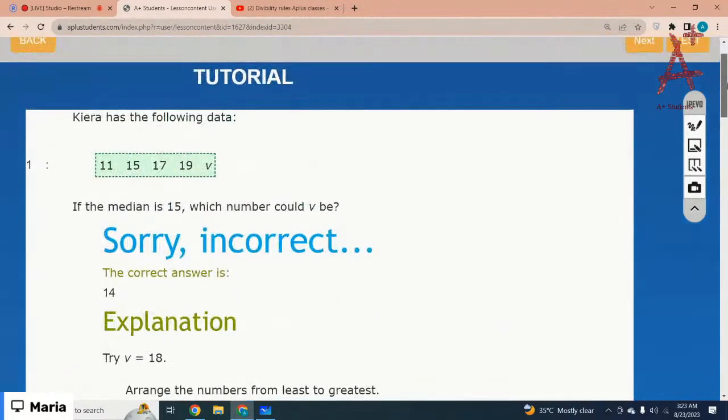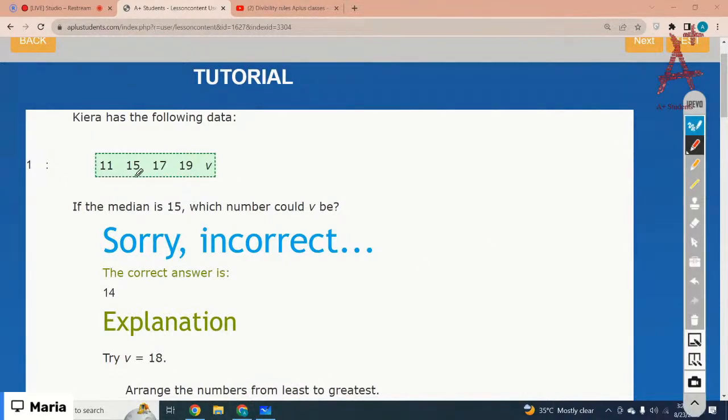Okay, they are 11, 15, 17. Let's just arrange them. If 15 is the median, then two numbers must be before 15 and they must be less than 15, and two of them are after 15, they must be greater than 15.